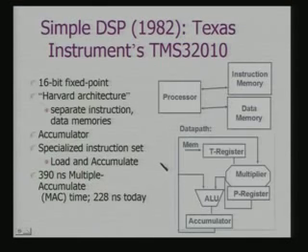So let us see how it can be done. We are looking at one of the earliest digital signal processors. It was introduced in 1982 by Texas Instruments. Now here you will find that we were using Harvard architecture.